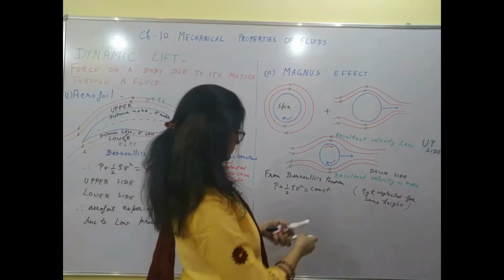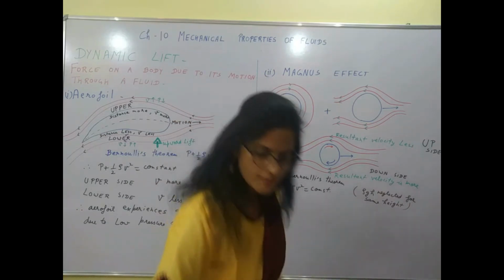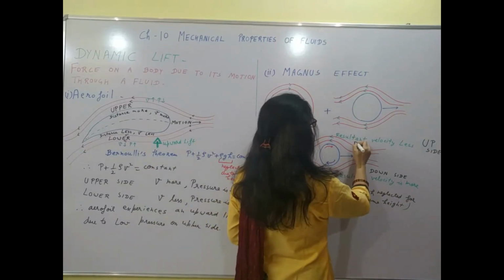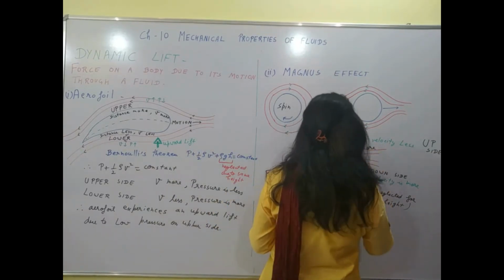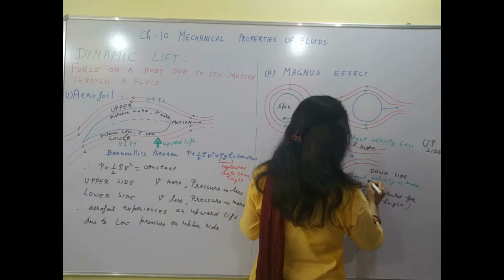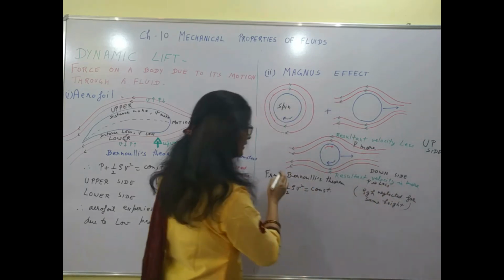So velocity is less on the upside, so the pressure is more, and when the velocity is more, pressure is less.